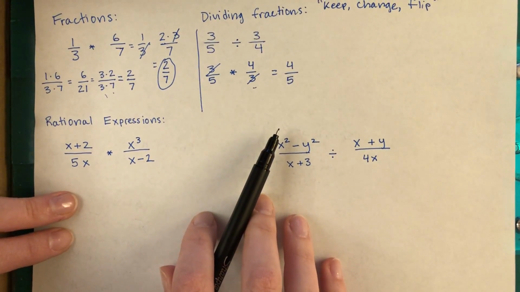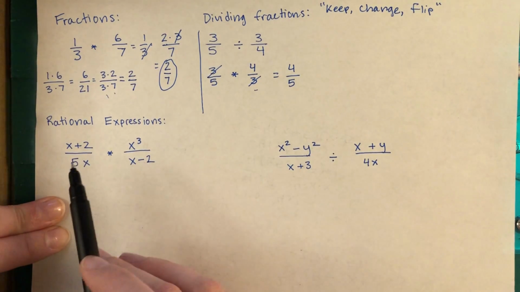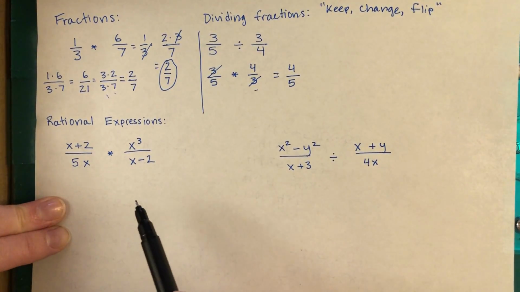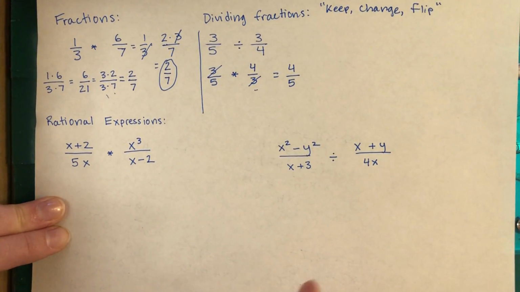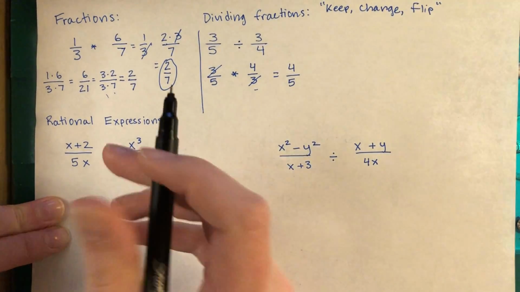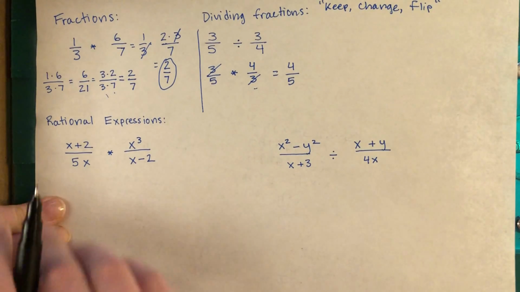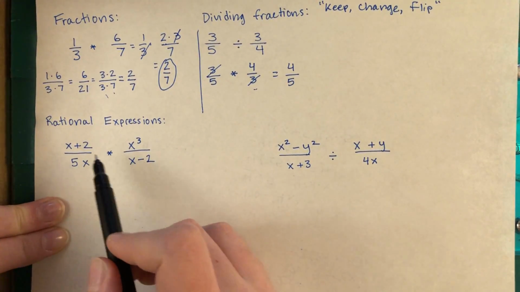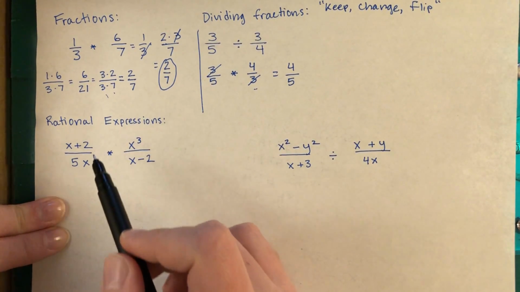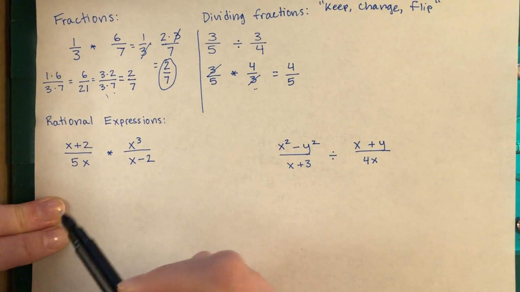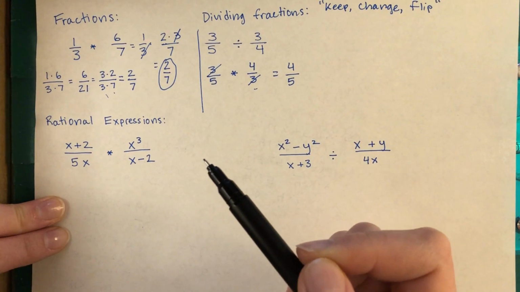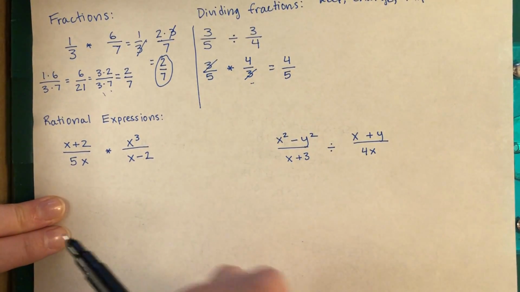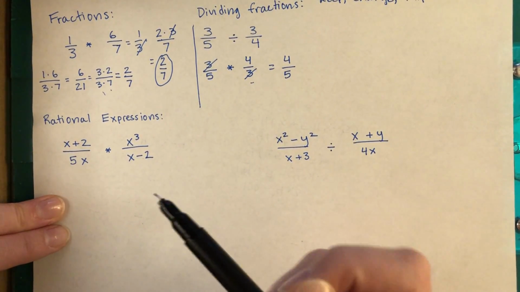Just like we've been doing with other things with rational expressions, we're going to look at some rules about factors that match and factors that don't match. So when we look at this rational expression, we want to think about the top and the bottom of each fraction as being pieces multiplied together. Sometimes there's only one piece, and sometimes there are multiple pieces.